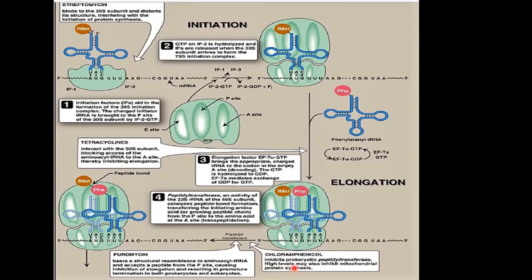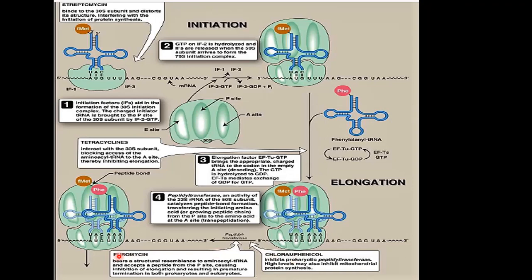Now, in eukaryotes, the peptide transferase activity in the large ribosomal subunit, which is intrinsic to the 28S ribosomal RNA, is inhibited by a drug known as cycloheximide. Okay, so chloramphenicol for prokaryotes and cycloheximide for eukaryotes have the same working mechanism.